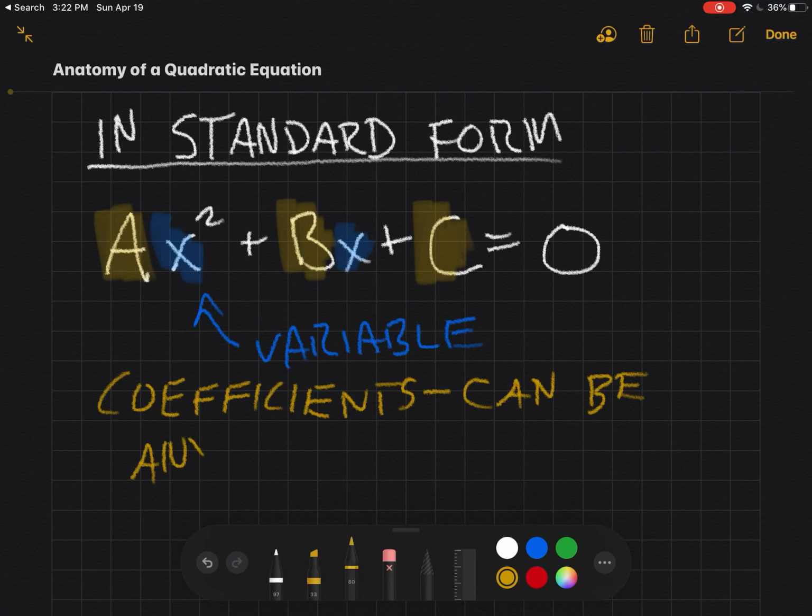X could be any variable, and a, b, and c can be any real numbers. So as long as it's not an i, we're in business.